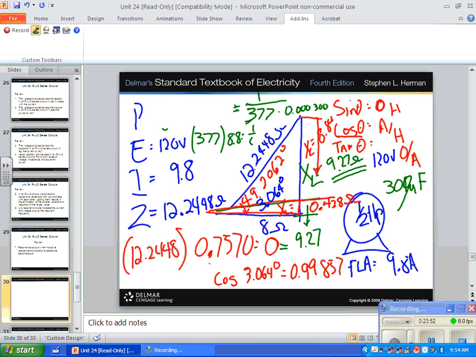Okay, so the cosine of this angle is 0.99857, so it's 99.857% efficient. So let's multiply. I'm going to break down and hit clear.